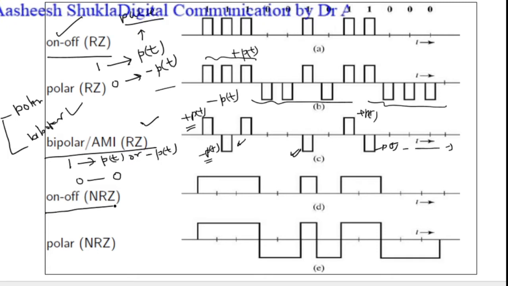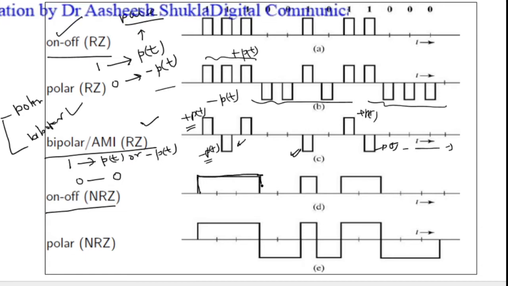Non-return to zero code means that the pulse will not come to zero again and again till the bit changes. For example, till we are not changing from 1 to 0 or 0 to 1, it will not come to 0 level. If we have consecutive 3 ones, then for consecutive 3 ones we provide the pulse PT for 3 consecutive times.